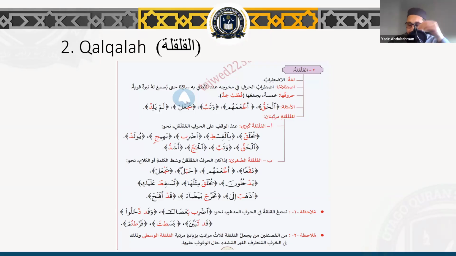And that example is mentioned clearly in the bottom part of the page, saying when stopping on a letter with a qalqala with shadda, as in these words haqq, tab, al-hajj, ashad, the qalqala is for the second of the doubled letters because the first is merged and is emitted by collision between the two components of the articulation parts.